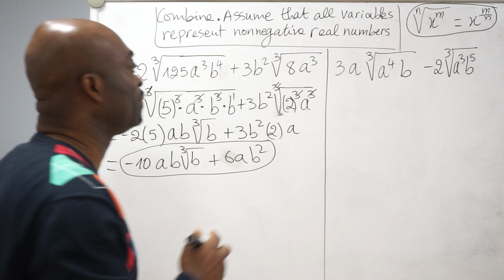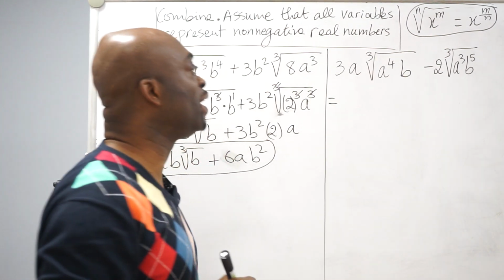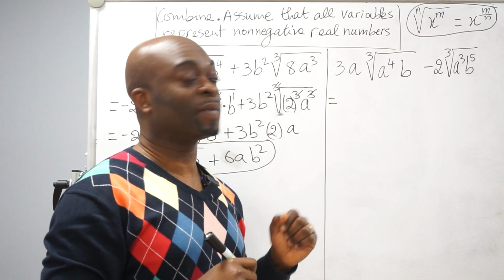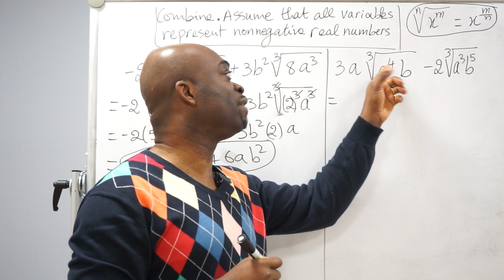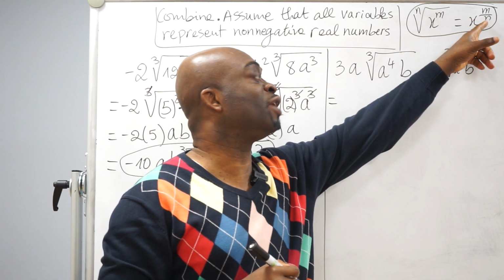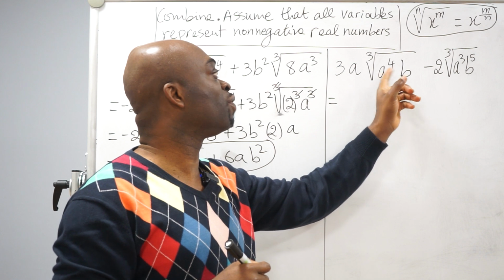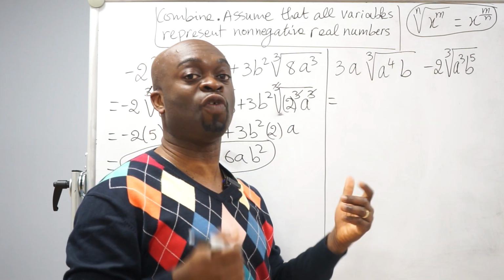Second question. So we have 3A times the cube root, also again over here, of A to the 4th power times B. So what's going to happen to the A to the 4th power? Because again, we're doing 4 over 3, like if we apply this statement here. So this is 4 over 3, and 3 goes into 4 one time.